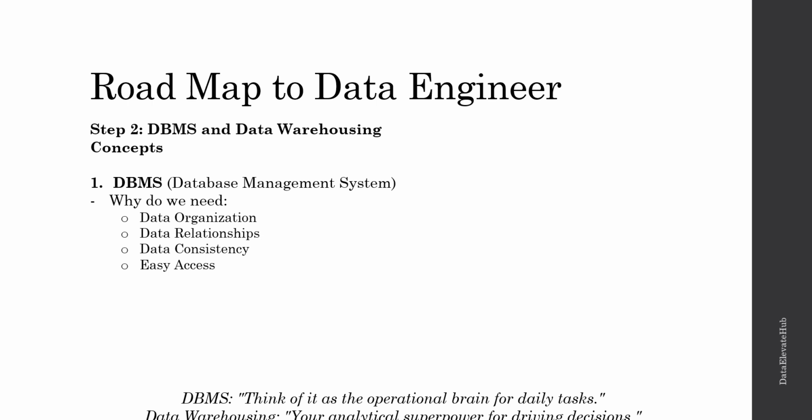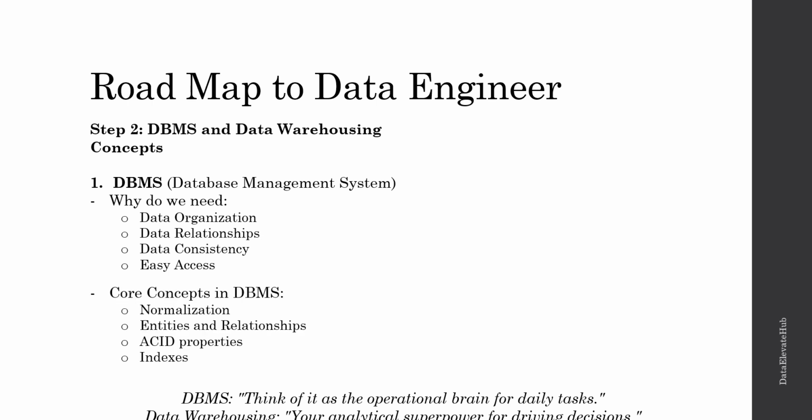And now let's discuss the core concepts in DBMS. Normalization. Normalization is the process of splitting a large and unorganized table into smaller and logical ones to reduce the redundancy. For example, splitting a customer table into separate tables for customer info and order details. And next, entities and relationships. Entities are the objects in the database.